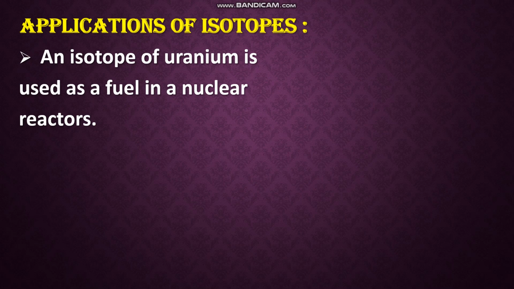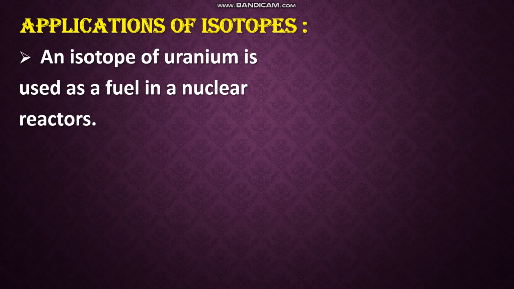There is only a change in the nucleus of an atom. Such reactions are called nuclear reactions. There are two types of nuclear reactions, nuclear fission and nuclear fusion. In detail, you will be learning in higher classes. In 9th standard you are learning only the uses.